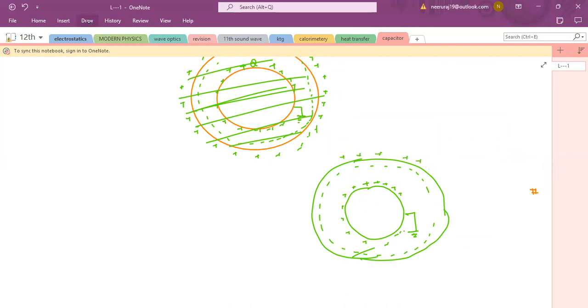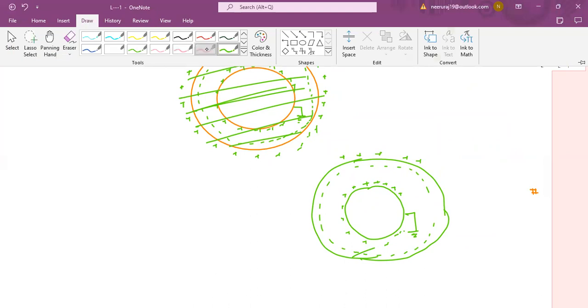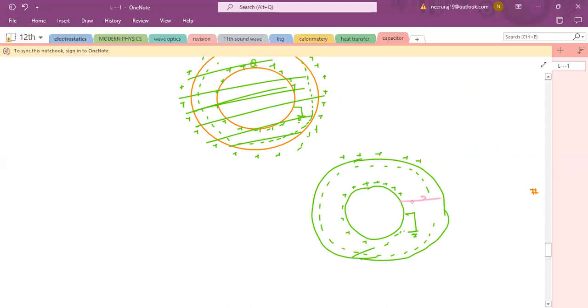So here there are going to be two capacitors. One energy is confined between these two plates, and one electric field is going to come out from the outer surface to infinity.